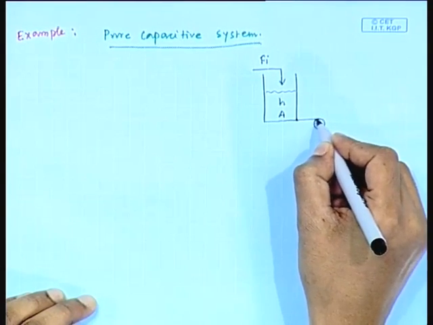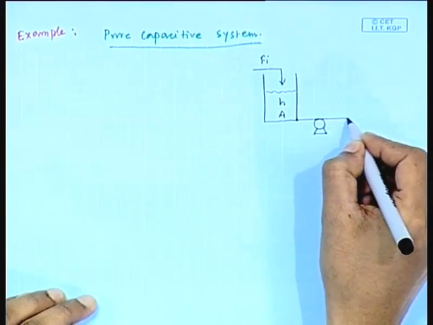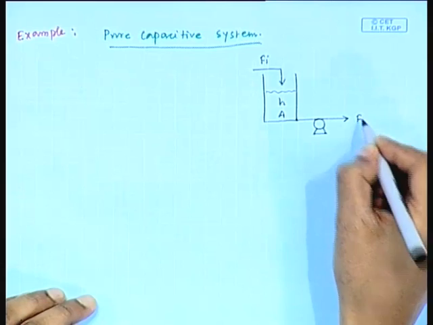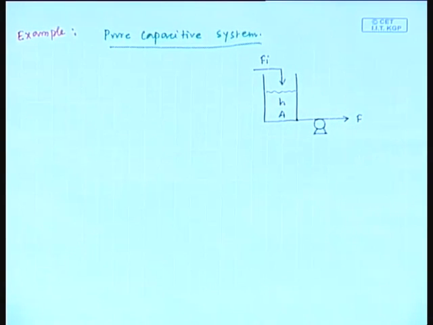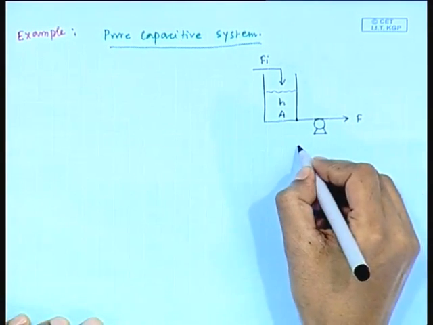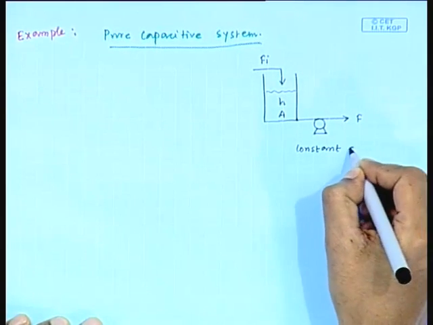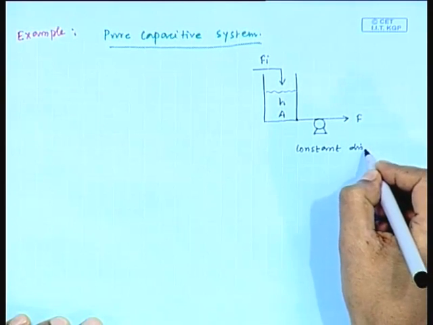In the outlet section, one pump is installed which delivers the outlet or effluent stream with a flow rate of F, and this is a constant displacement pump.